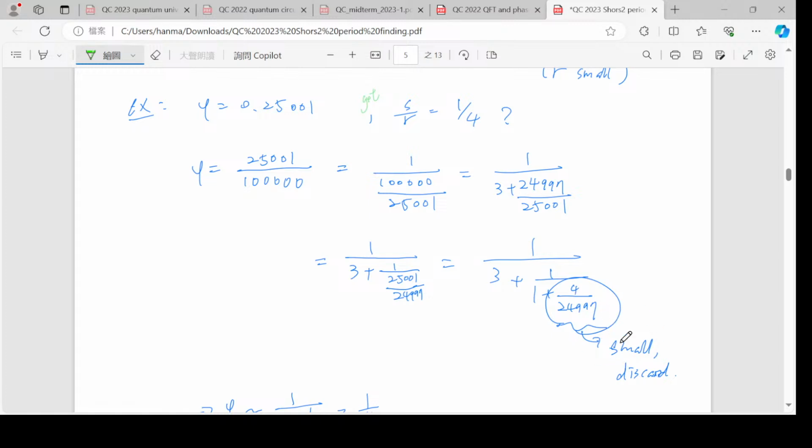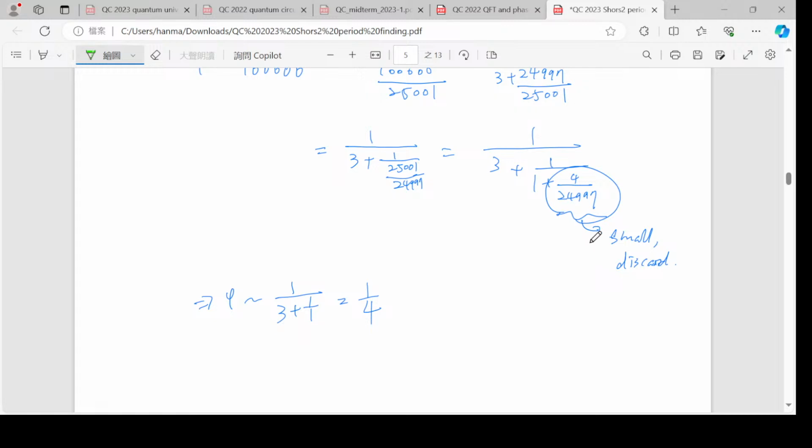Okay. So you see that now this fraction is something very small, so maybe I need to stop here. And I stop here and I discard this part, and then I calculate back all other things. What is this fraction? It's 1 over 3 plus 1 over 1 here, and so it's 1 over 3 plus 1, which is 1 over 4.